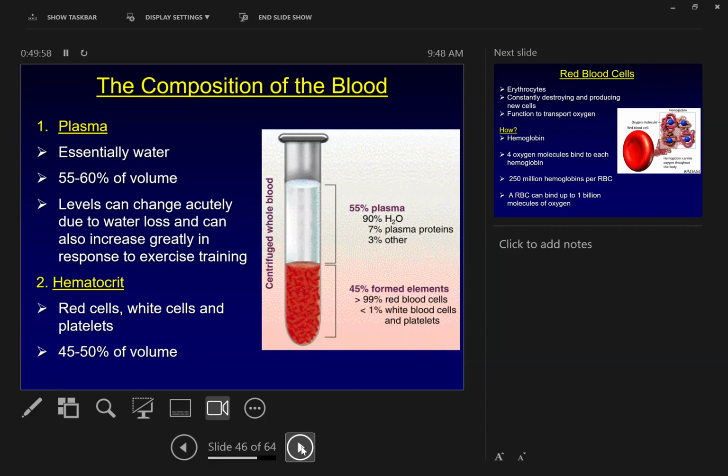If I have a pint of O negative blood, spin it down in a centrifuge, get all the water out, and give you just red blood cells, I can immediately make your VO2 max go up 10 to 15%. More red blood cells means you can carry more oxygen in the blood.